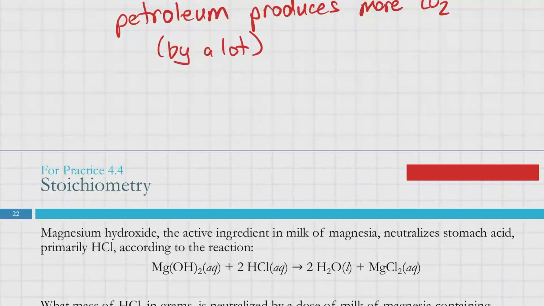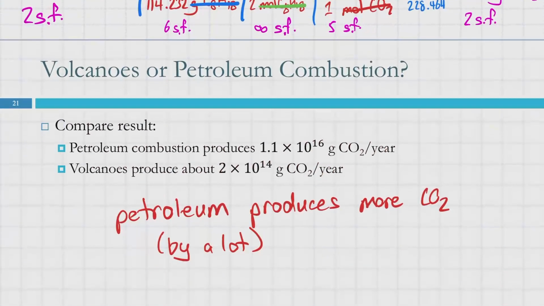Yeah, so that's the conclusion of our CO2 conversation, essentially. This was just all that we were working towards getting. End result is the same as the spoiler that I said earlier. Petroleum's producing a lot more CO2, significantly more than volcanoes.